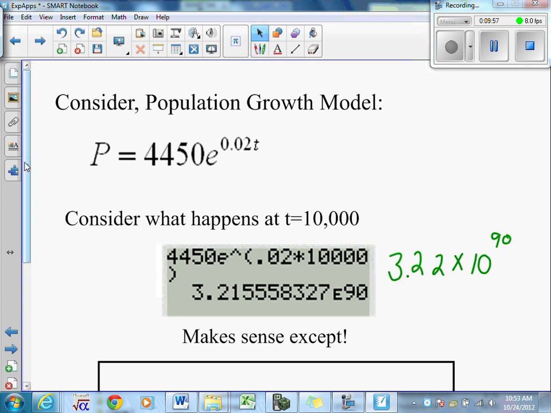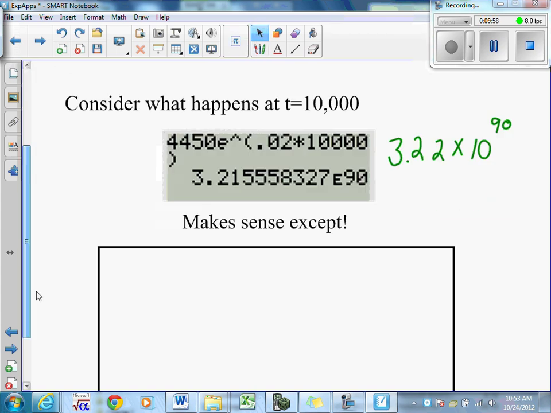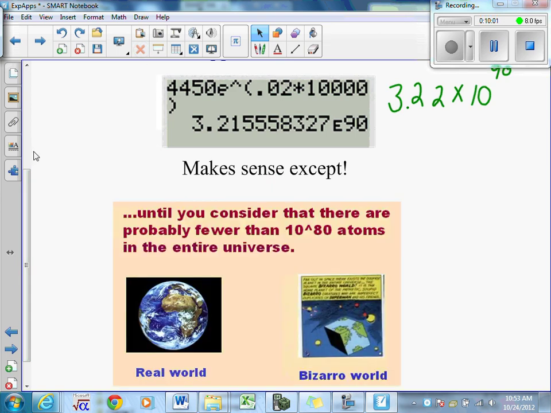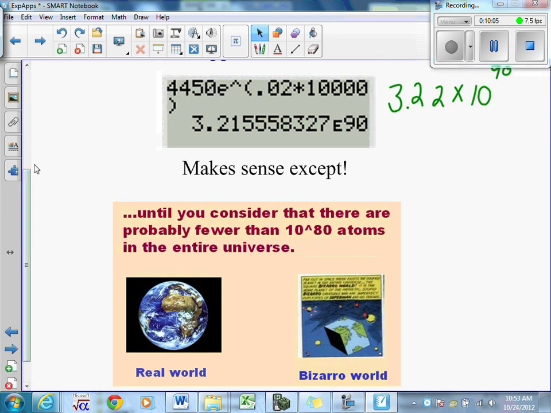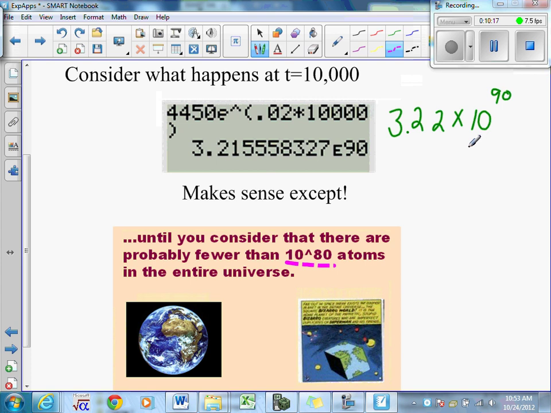We did all the math right. But here's the problem. If you consider there are probably fewer than 10 to the 80th atoms in the entire known universe, and our answer is 10 to the 90th, that's much bigger.